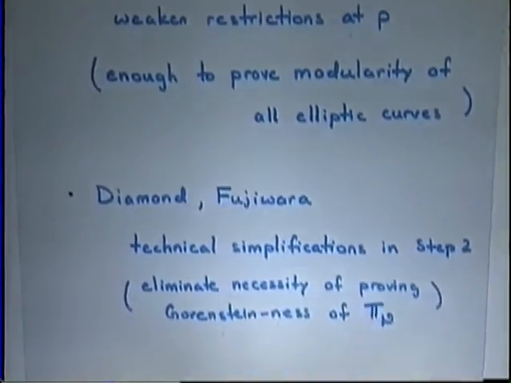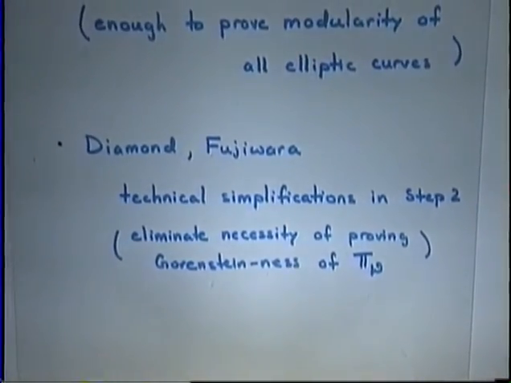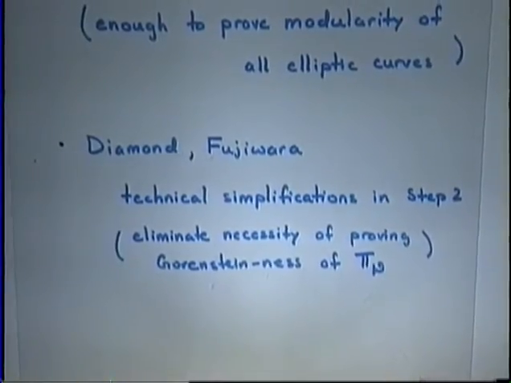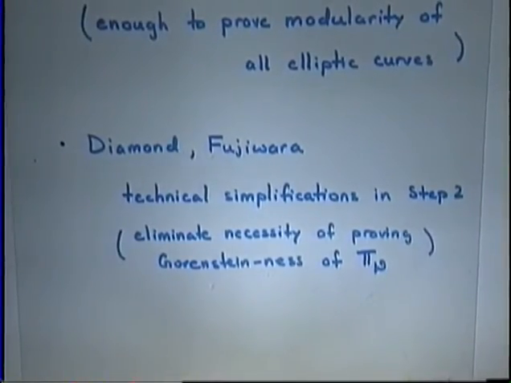And then they finally completed the full proof of modularity of elliptic curves using results of Breuil on classifying semi-stable representations. And then there have also been technical refinements of the proof. Independently, Diamond and Fujiwara introduced a technical refinement in this sort of mysterious step 2 that removed a lot of the hard algebraic geometry that went into it.